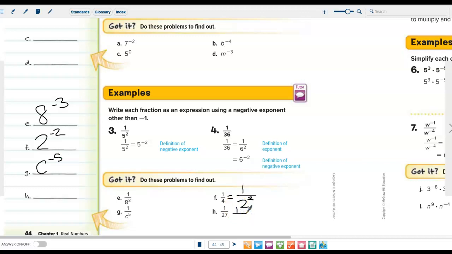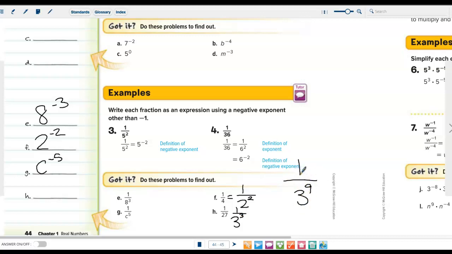How do you rewrite 1/27, Michaela? 1 over 13? Well, I'd have to look it up, actually. 1 over 3. Okay, so 1 over 3 to the third power. A lot of you wrote 3 to the 9th power.